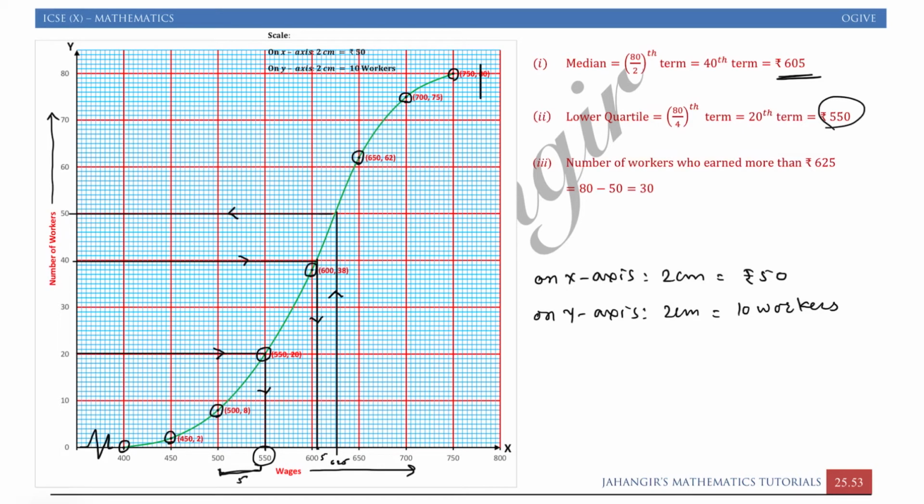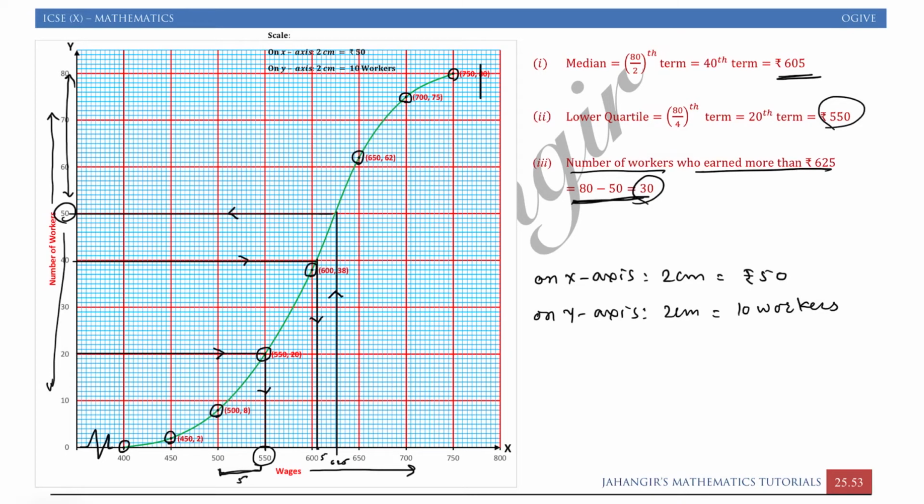If you are taking the readings, 50 workers earn less than 625. Less than means नीचे का part here and more than means above. So above में we have 30. So we can write number of workers who earn more than 625 is 85 minus 50, that is 30 workers. Okay, 30 worker is earning more than 625 rupees daily.